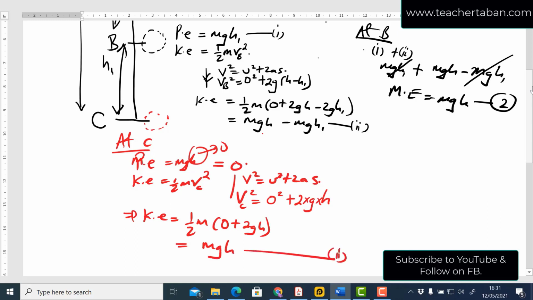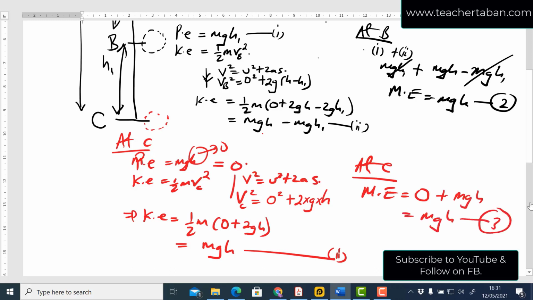So which implies therefore that at C, the mechanical energy, which is the sum of the potential energy plus the kinetic energy, will give us the expression as mgh, and this is our equation 3.